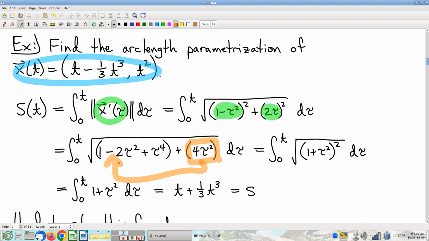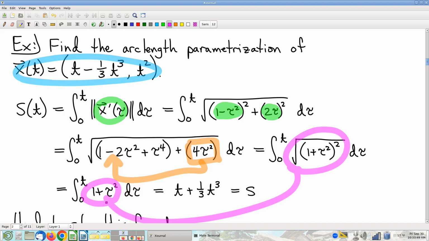This is a very carefully manufactured, artificial kind of example. But wonderfully, that square root goes away because I was very careful when I manufactured this example.